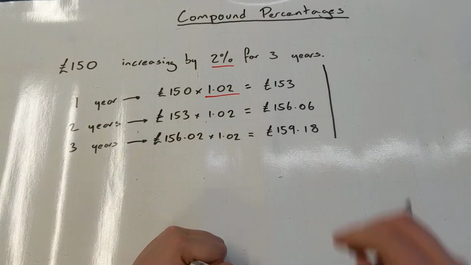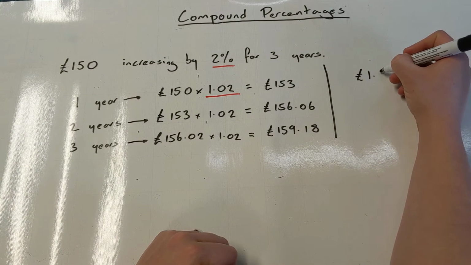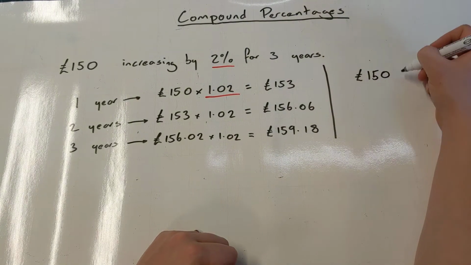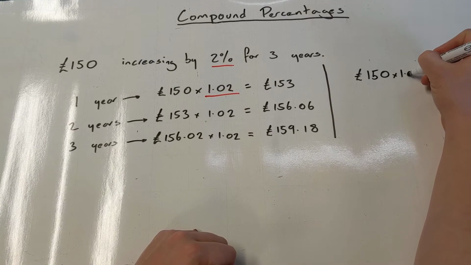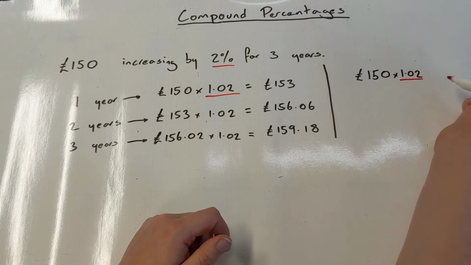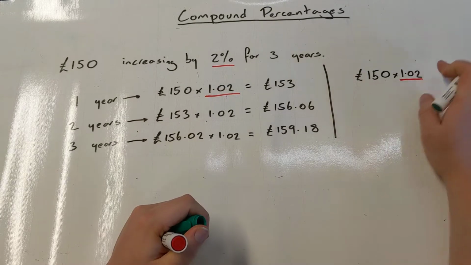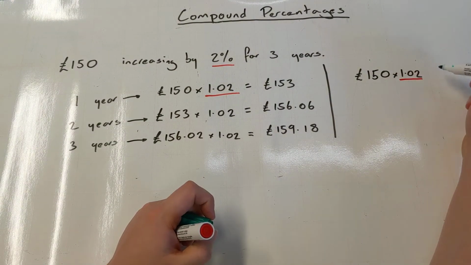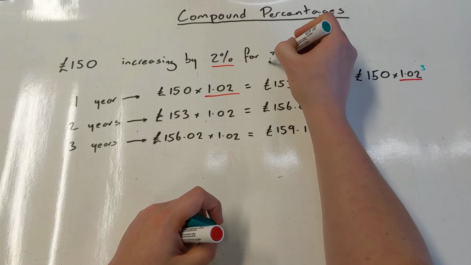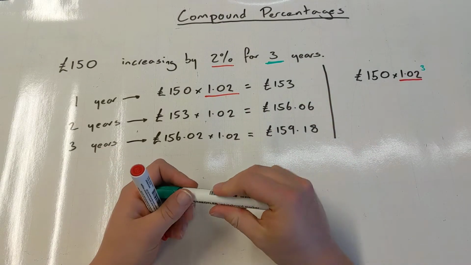To do that, you take your original amount, your £150, then you times that by your increase, so your 1.02 here is linked to your 2%, but you do a power here. You do it times 1.02 to the power of 3, where the power is how many times this increase is happening.